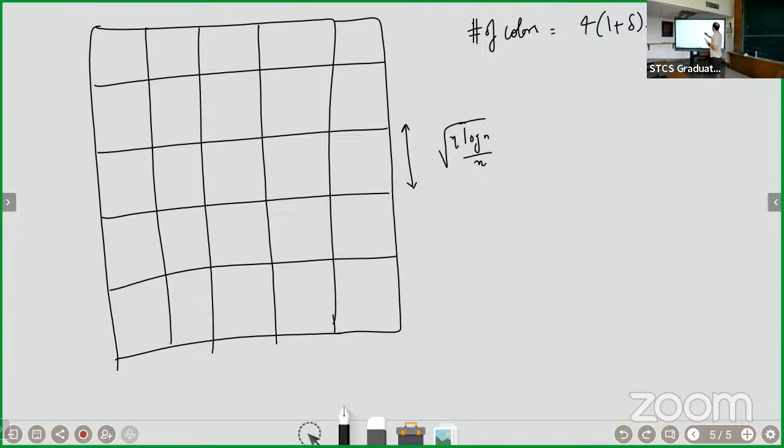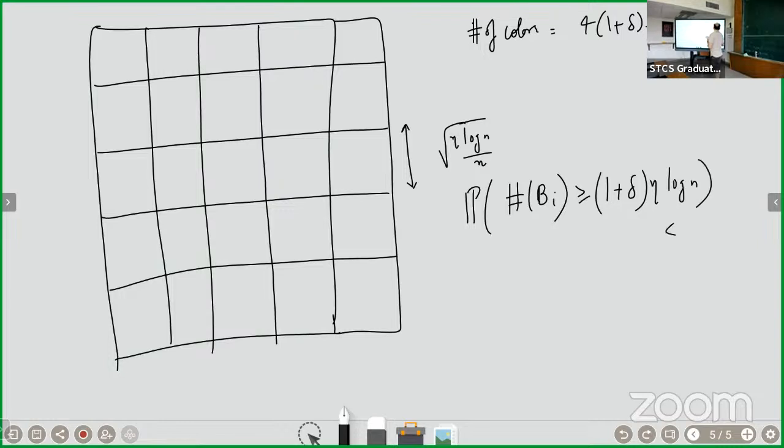From the bound, I can claim the number of points in any box is bounded, with a probability that goes as n to the power of minus eta delta squared by 3.